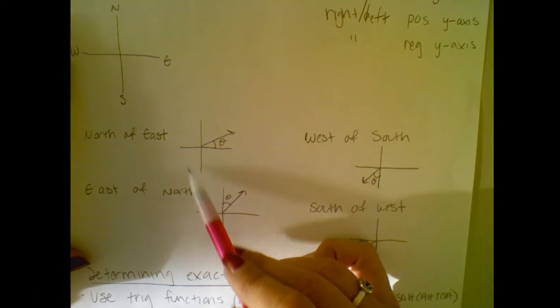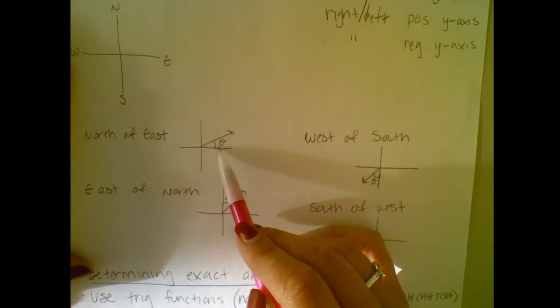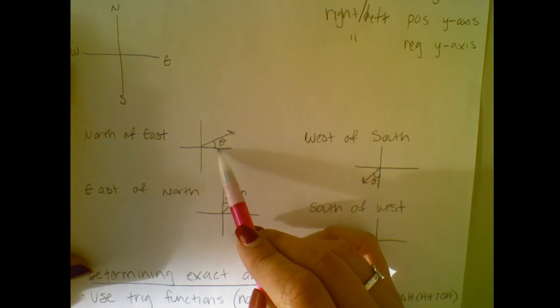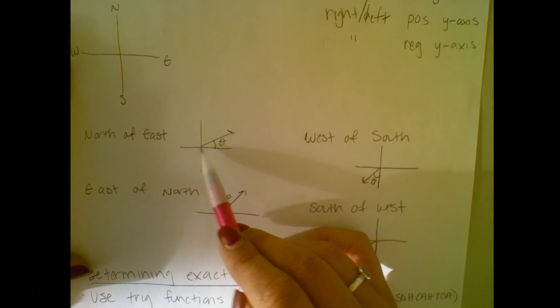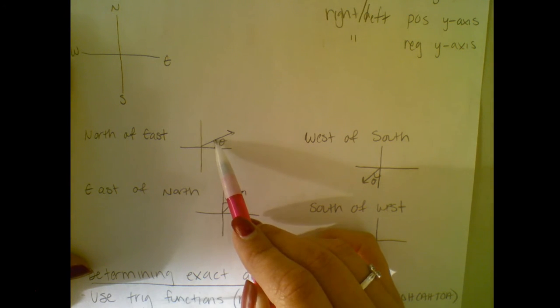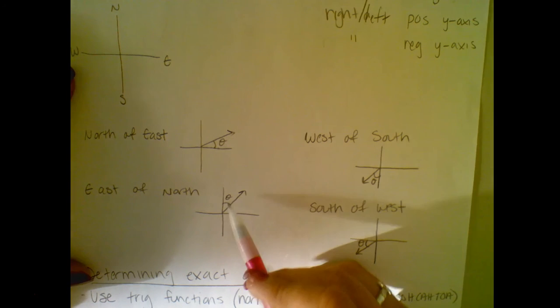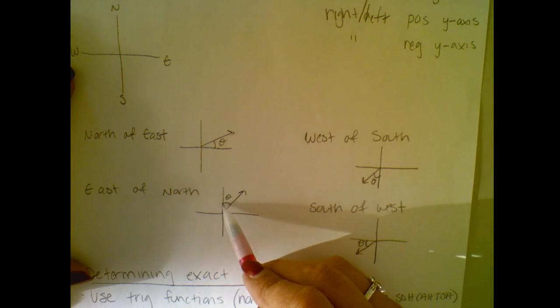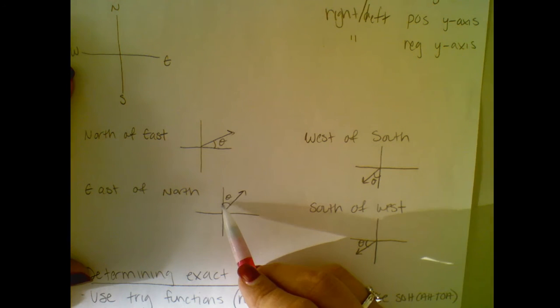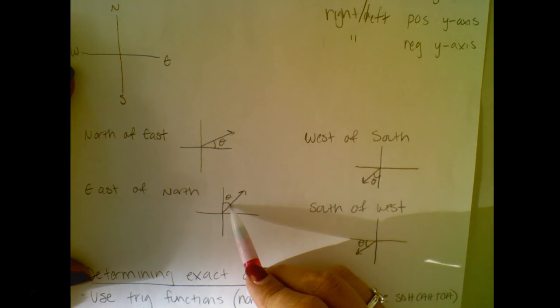So this is an example of this angle is north of east, because you would go to east, and then go north of east, and that's where your angle is shown. That's very different than going here and starting at north, so start at the second one, and going east of north. That's a different angle.